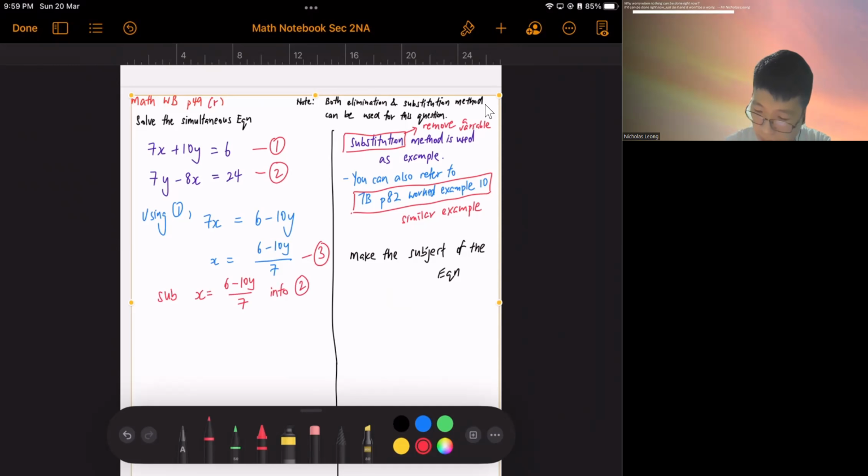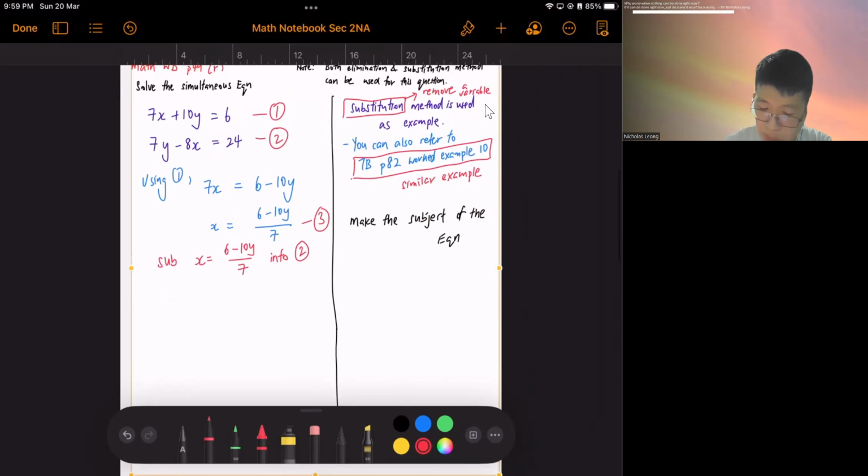In this case, my equation 2 is 7y minus 8x equals 24. So I write down the equation as usual, 7y minus 8x. For the x, I put a bracket, equals 24. Since x equals this (6 minus 10y) over 7, I will put this expression into the bracket.